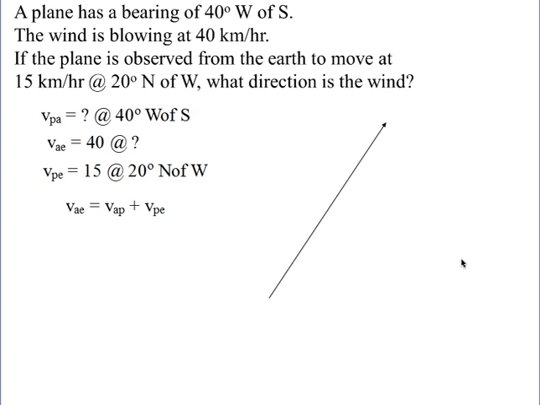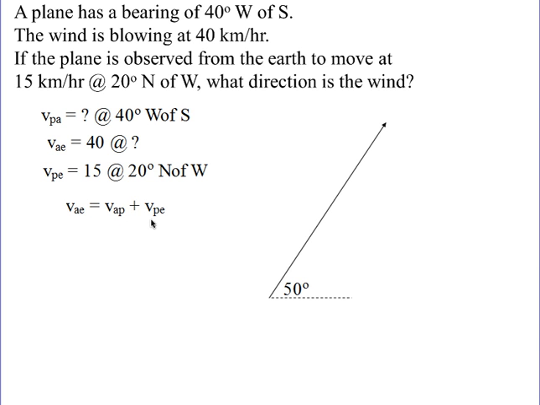I don't know how long to make that vector, but I do know what direction it goes. I'm going to go ahead and mark the angle here because I'm going to have other vectors up there, and I don't want to put the 40 there in the way. But 50 north of east is the same as 40 east of north. Again, opposite direction because the letters got in the opposite direction.